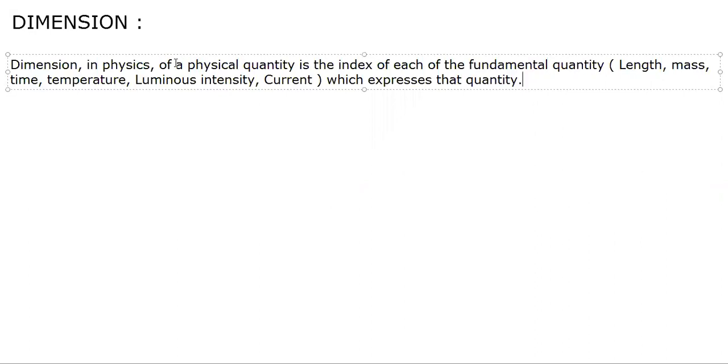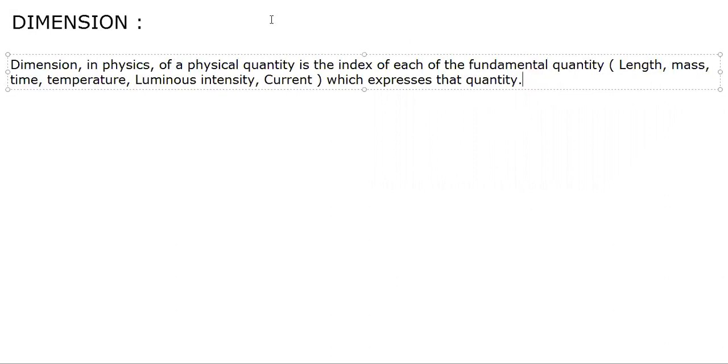Now if I say acceleration, acceleration is velocity divided by time. Now as velocity can also be given in terms of length and time, acceleration can also be expressed in these quantities. So every quantity in physics can be expressed in terms of these physical quantities.